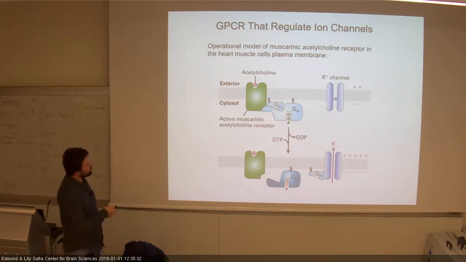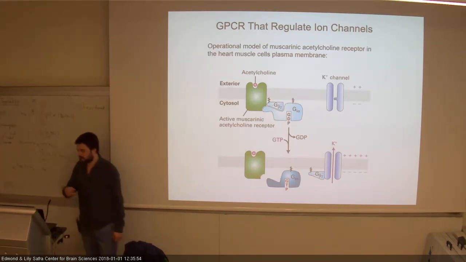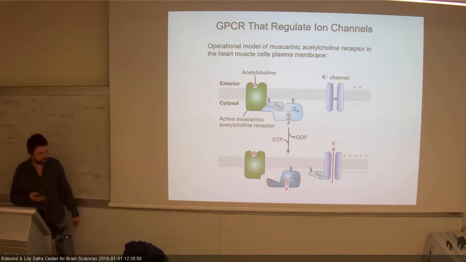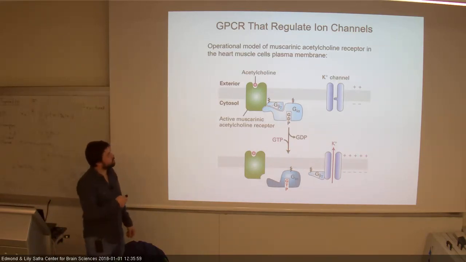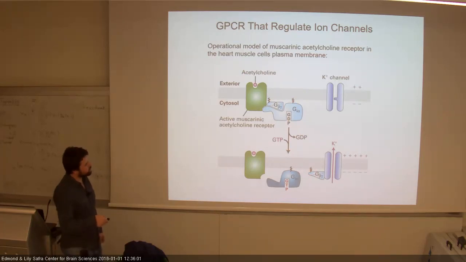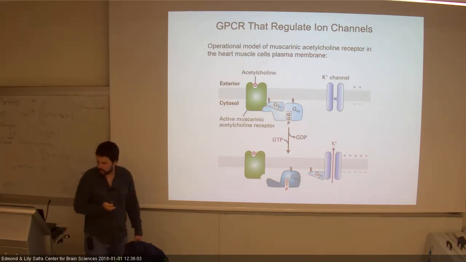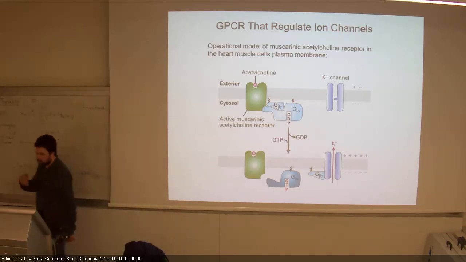This G protein can now associate. In this case, this is one of these rare examples where the G beta gamma subunit is the one that does the work. So it associates to a special type of channel that now opens and allows permeability of potassium. And this is, for example, what happens in the heart muscles, where acetylcholine is received through the vagus nerve by the heart and it will cause a slowing down of the heart rate.